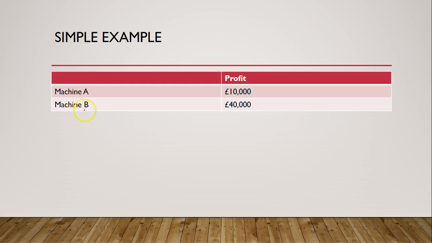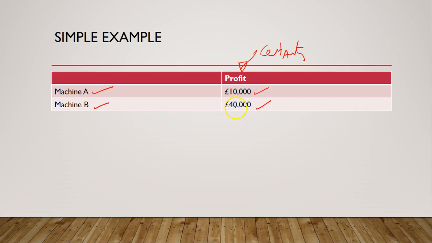We have these 2 machines, machine A and machine B. Machine A gives us a profit of 10,000, and machine B gives us a profit of 40,000. To a certain extent, this is a degree of certainty. There's only one situation. It's roughly the same types of machines, but with A we would get 10,000 and with B 40,000.